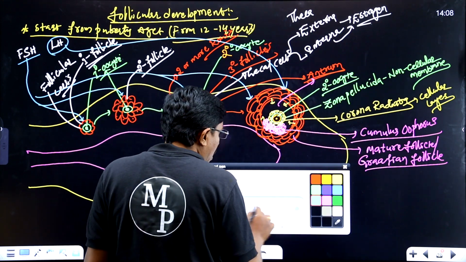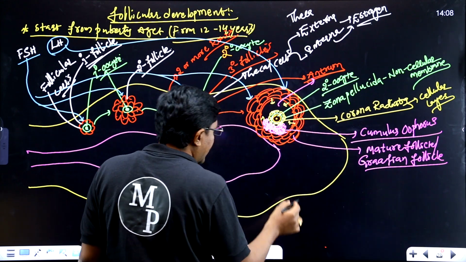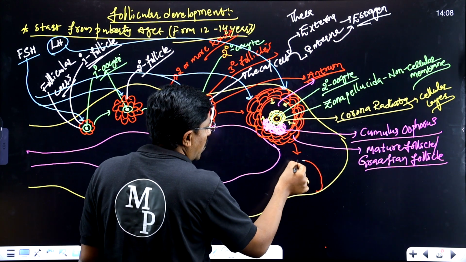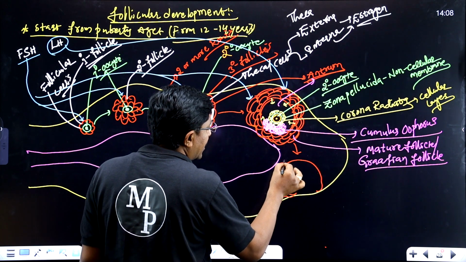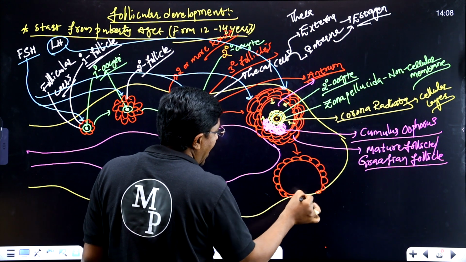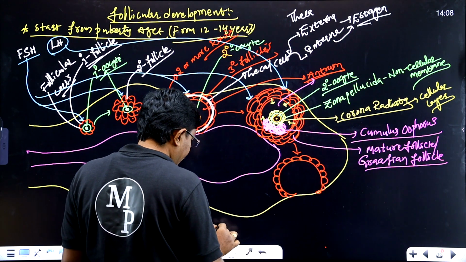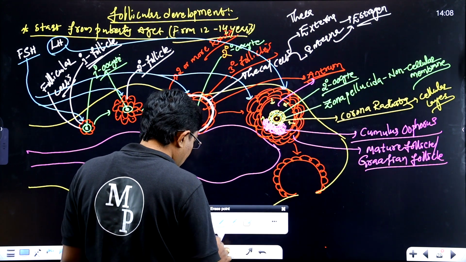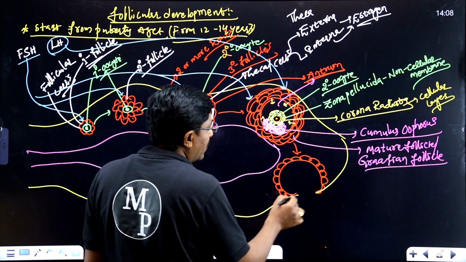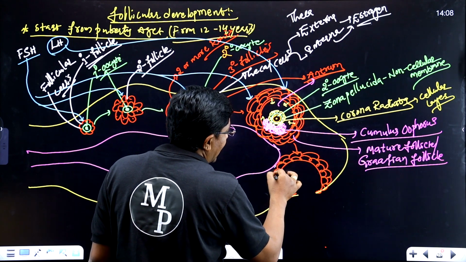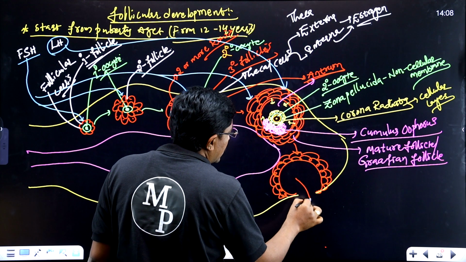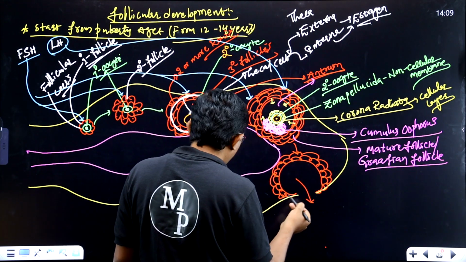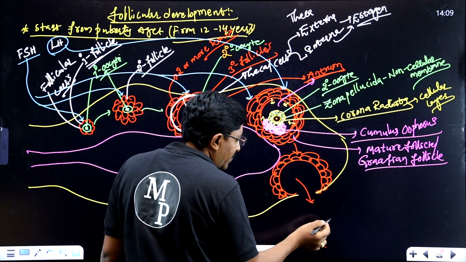Now, when it is reached, it is ovulation. Now we will discuss the ovular membranes. When the luteinizing hormone acts on the mature Graafian follicle, it gradually reaches the peripheral side, and the peripheral outer layer of the ovary gets ruptured.